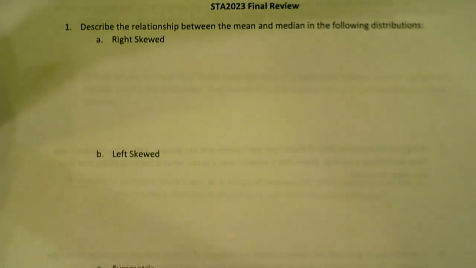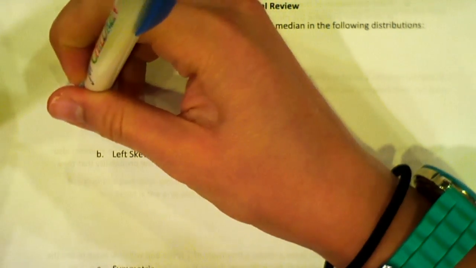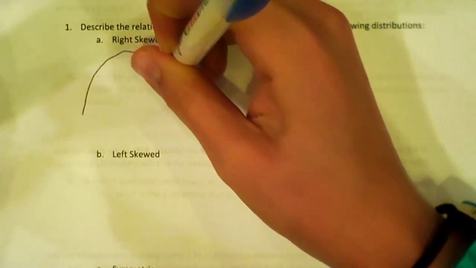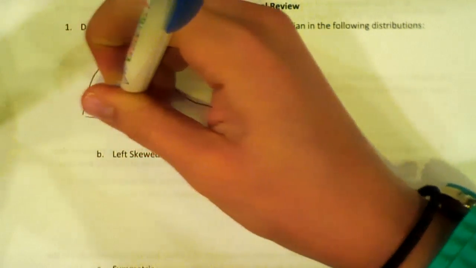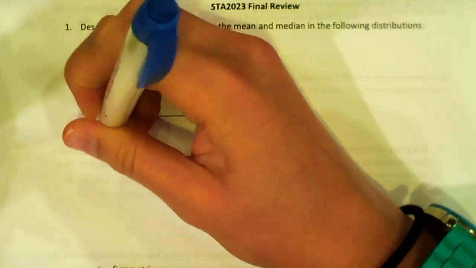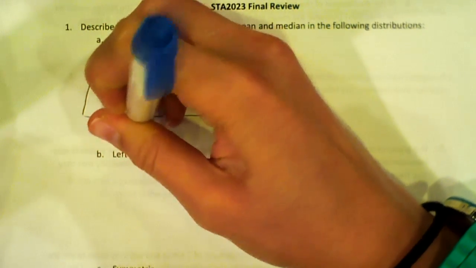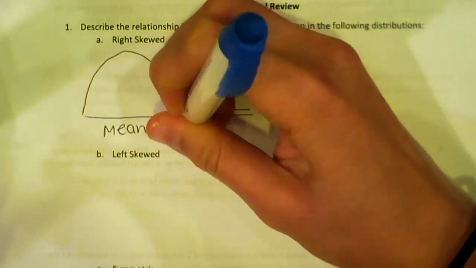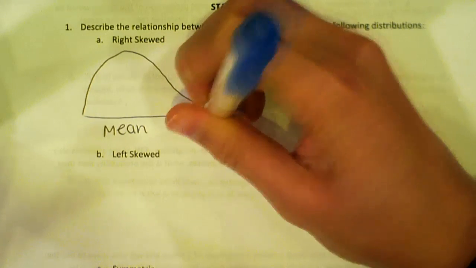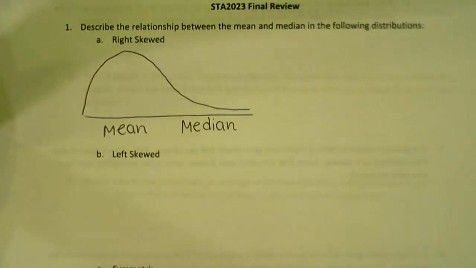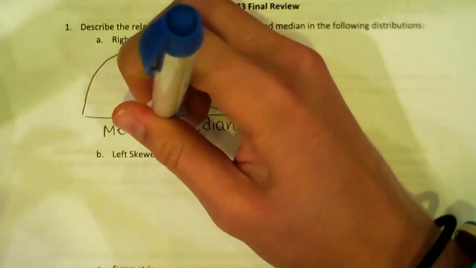So if we draw a right skewed distribution, it looks kind of like that. How should we compare the mean and the median here? The mean is greater than the median? Yes.